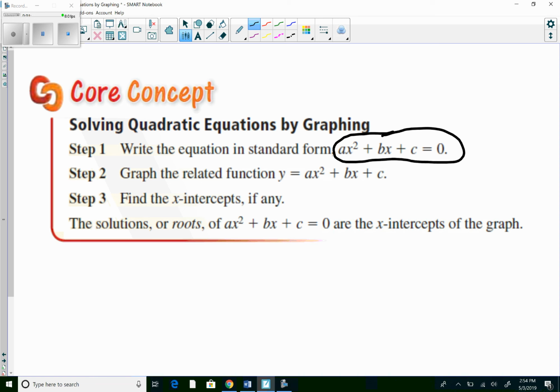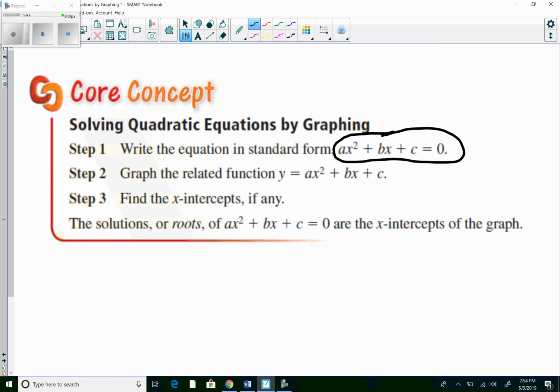So you are always going to have to make sure that ax squared plus bx plus c, that all of your terms are on one side of the equation. Doesn't matter if it's the left-hand side or the right-hand side, it's totally up to you which side you want it to be on. We're more familiar and more comfortable when it's on the left-hand side, but if you put it on the right-hand side, totally cool.